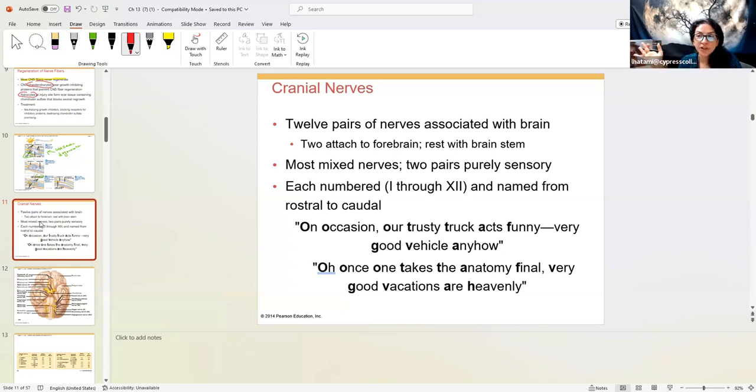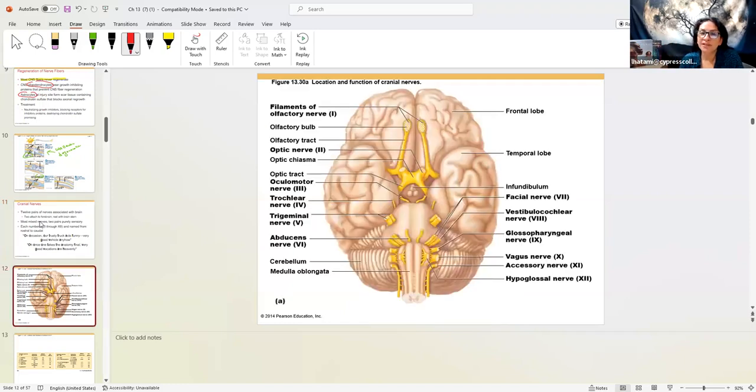some of which can be purely sensory, some purely motor, and most of them are mixed nerves, which means they carry both motor and sensory function. Look at this picture. Through this picture, you can see the location of the cranial nerves. You see the inferior aspect of the brain, where these 12 pairs of cranial nerves are numbered in the order that they come off the inferior surface.